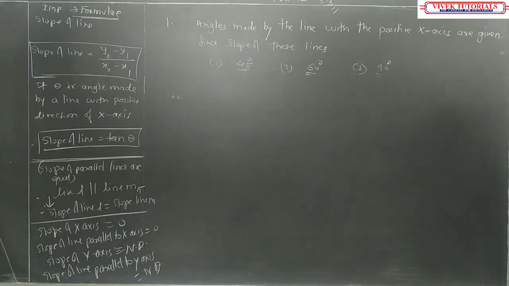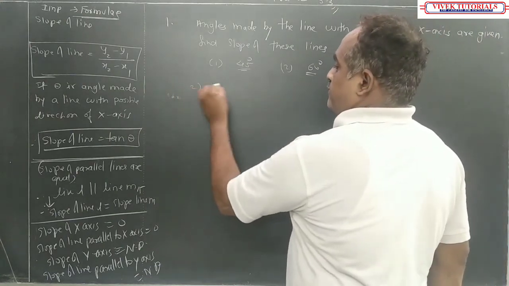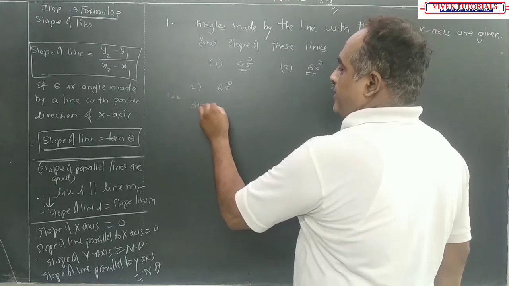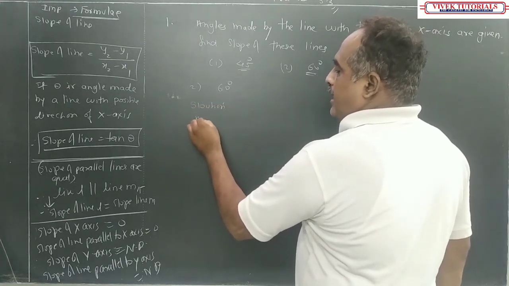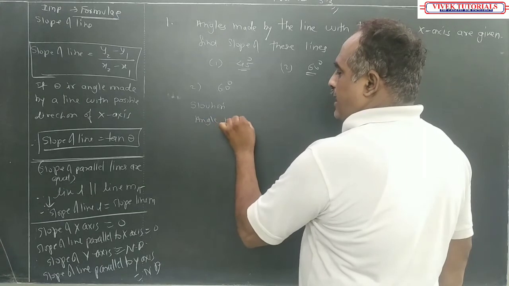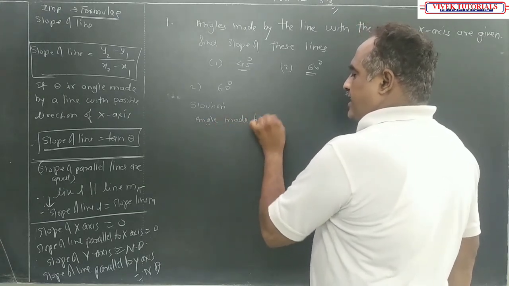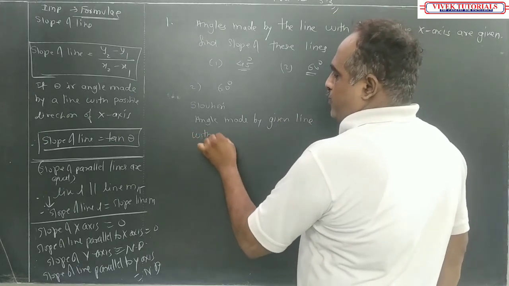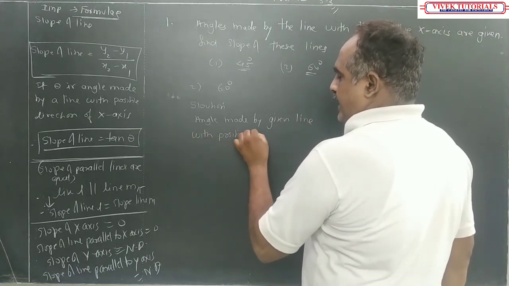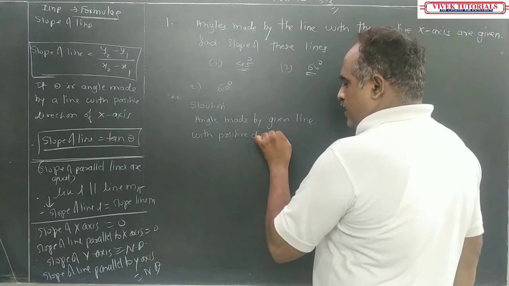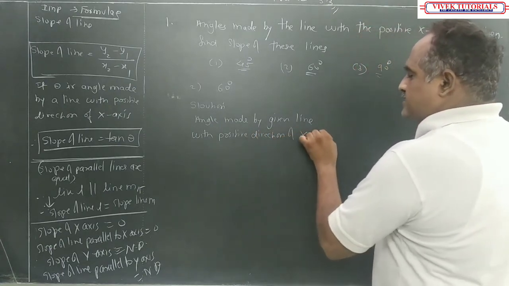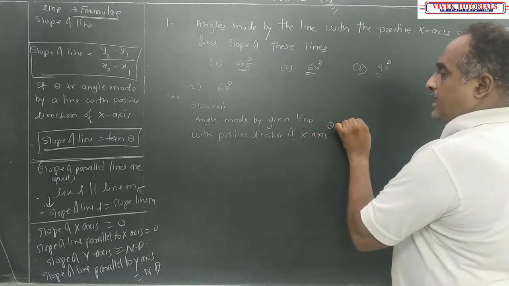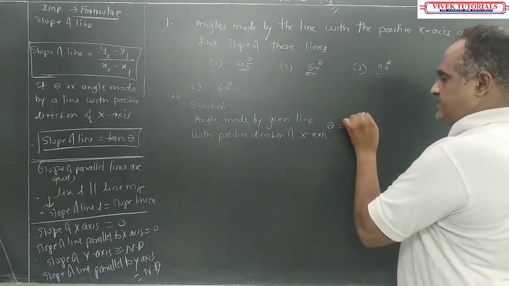Next one is 60 degree. Solution: angle made by given line with positive direction of x-axis, theta is equal to 60 degree.